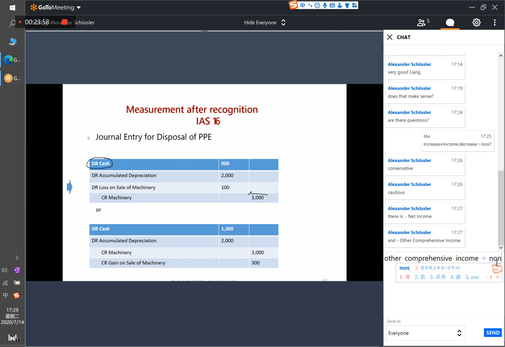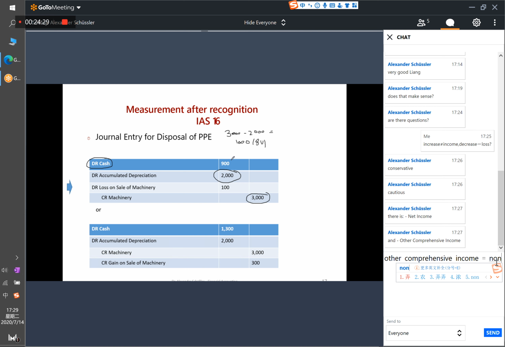3,000 minus 2,000 equals 1,000. So this is the book value before selling the asset. 1,000 is the book value.